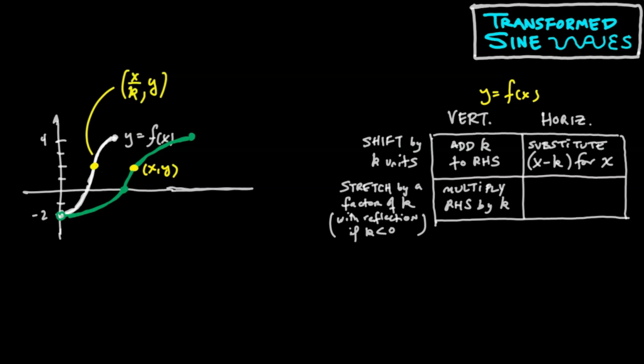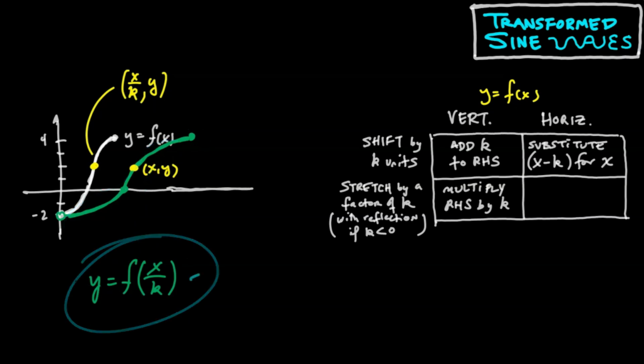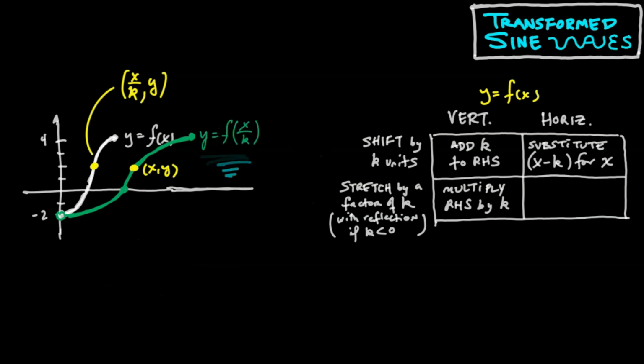Without writing everything out, but just seeing if you can follow the argument quickly, that would mean that for any point x, y on the stretched curve, the point x over k, y lies on the original curve, so it satisfies the known equation of the original curve. If I pop those coordinates into that original equation, that gives me y equals f of not x, but x over k. That equation is satisfied by every point on the stretched curve, which means that equation is the equation of the stretched curve.